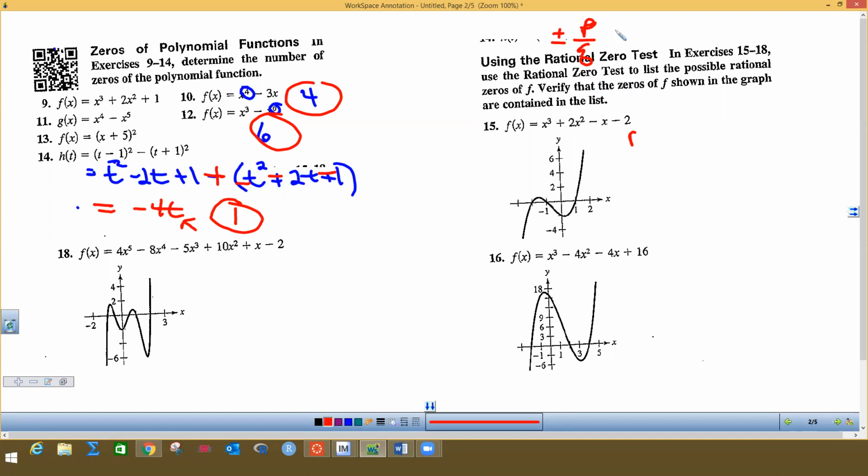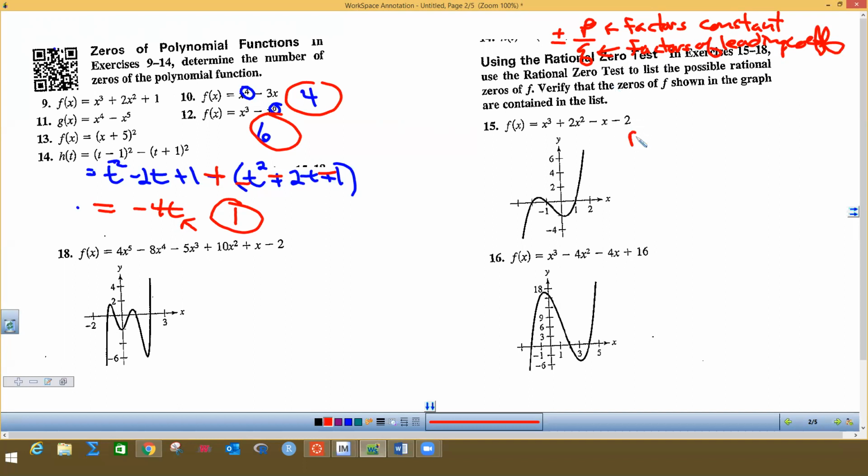And the p are the factors of the constant. That means no variable. And then q is the factors of the leading coefficient. That means the coefficient of the variable with the biggest exponent.